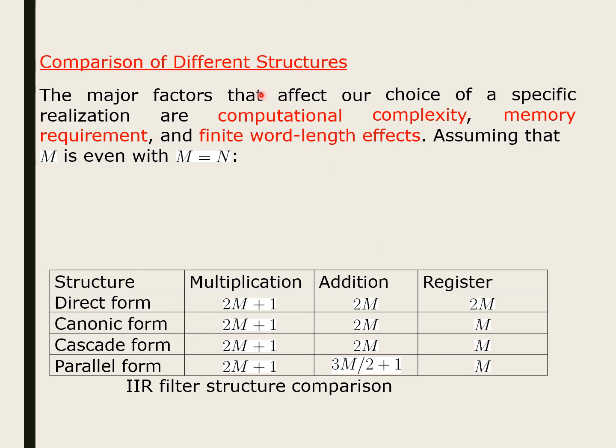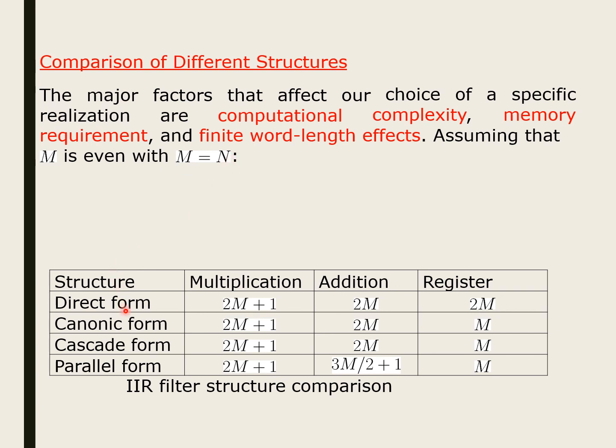Finally, the comparison of different structures. The major factors that affect our choice of a specific realization are computational complexity, memory requirement, and finite word length effects, assuming that M is even with M equal to N, whereas M is not equal to N in the direct form 1 structure.